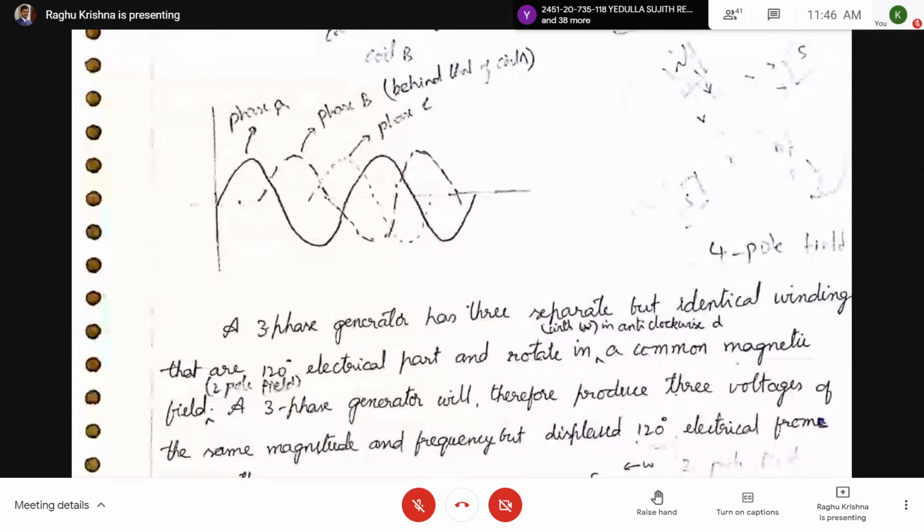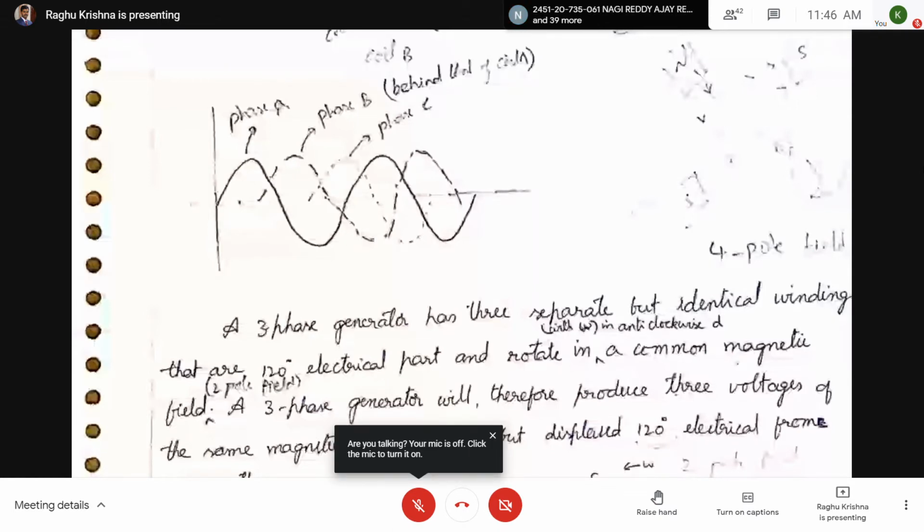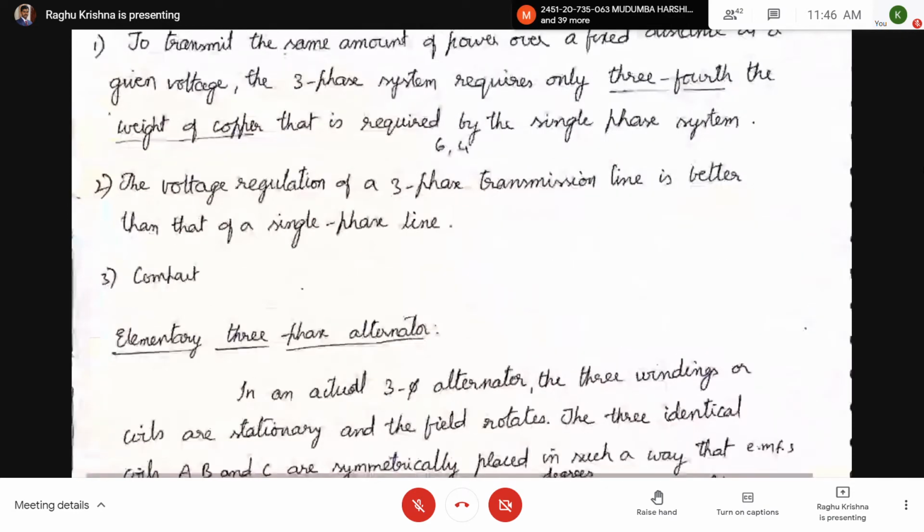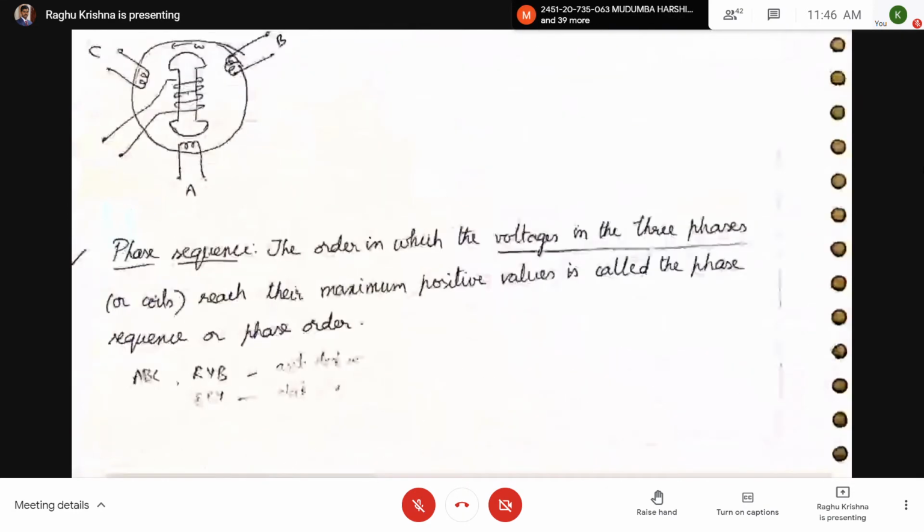First the A phase becomes maximum, then the C phase, then the B phase. So the order in which the phase voltages reach their maximum positive values is called the phase sequence or phase order.